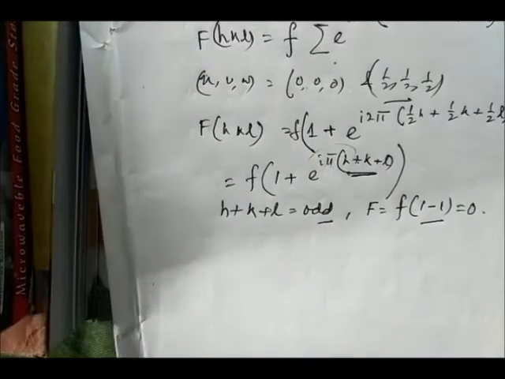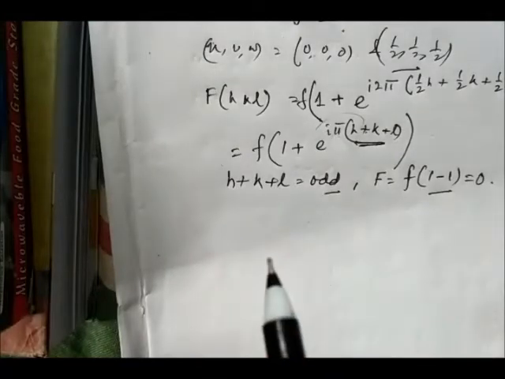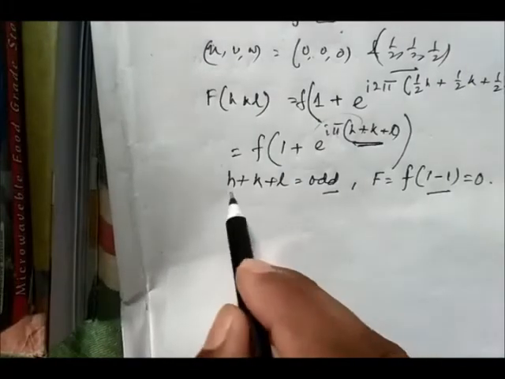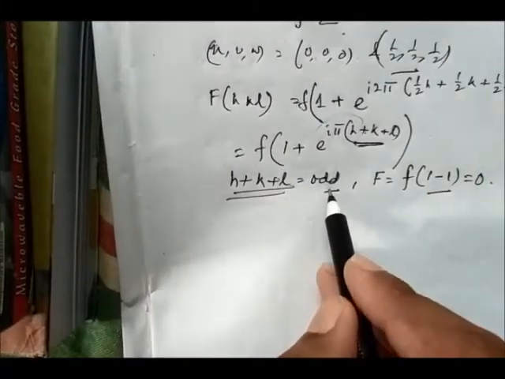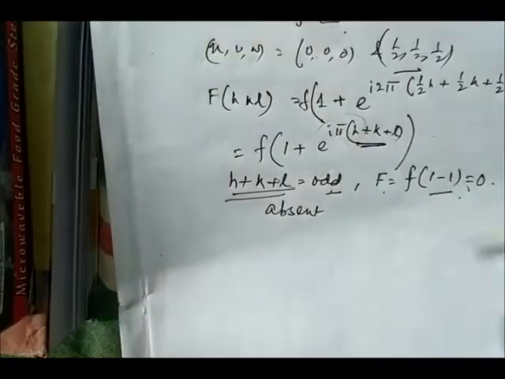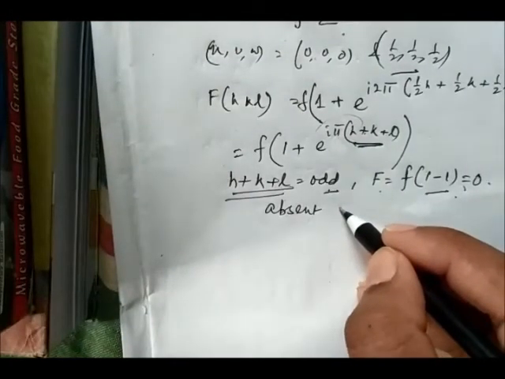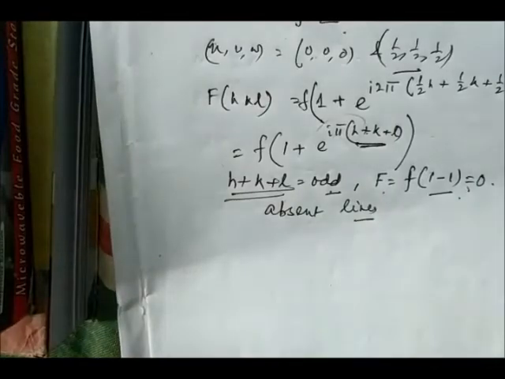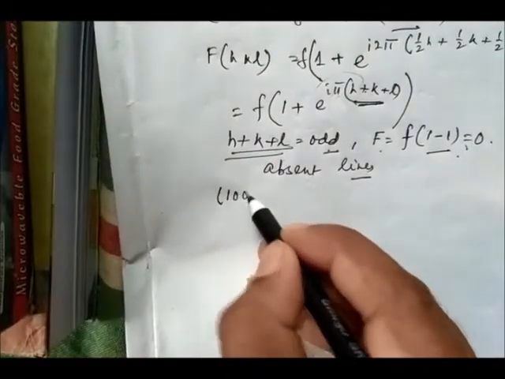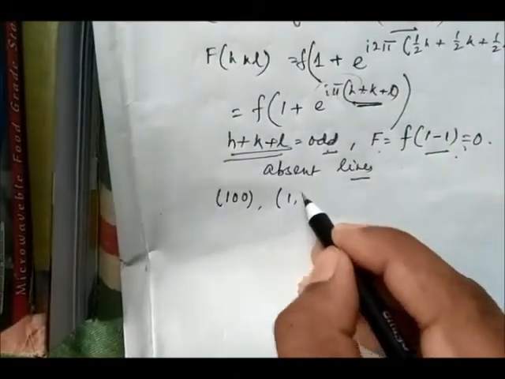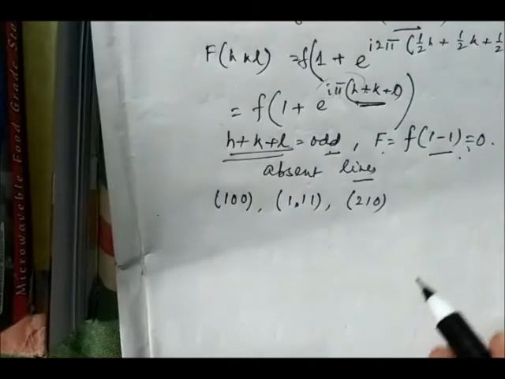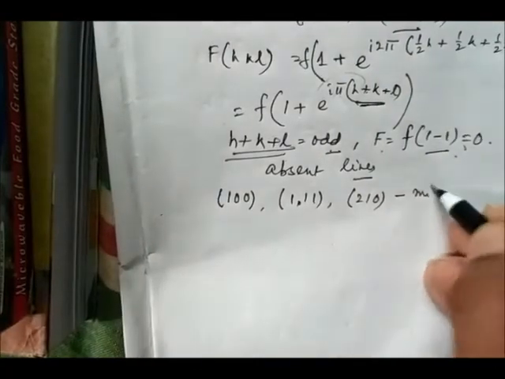So for those planes, those reflections for which h plus k plus l is odd, the structure factor becomes 0 and the intensity is zero. Those are called absent lines. So for BCC, the reflections like 1 0 0, 1 1 1, 2 1 0, these diffraction lines are basically missing.